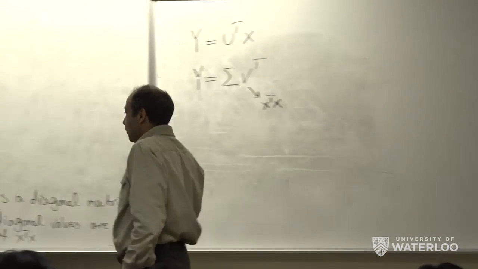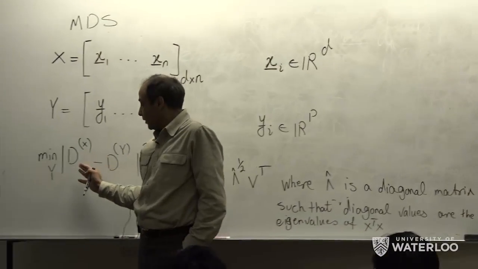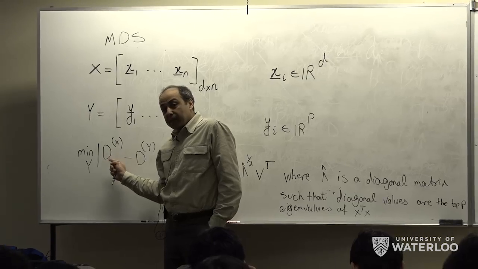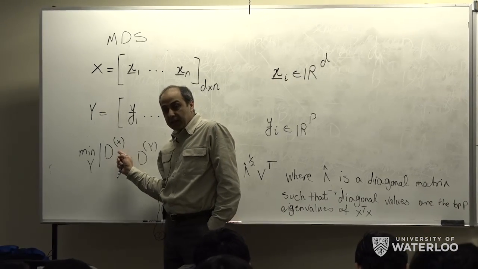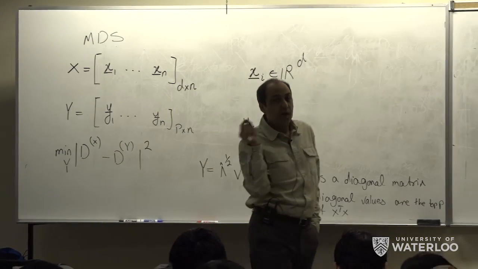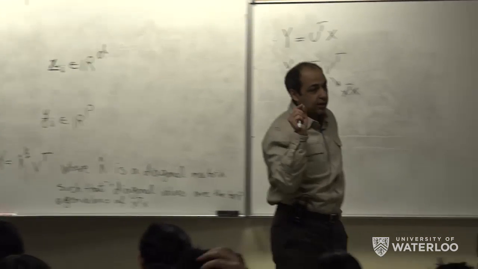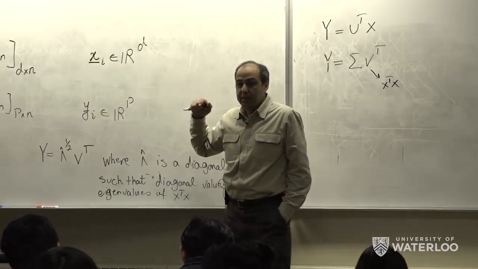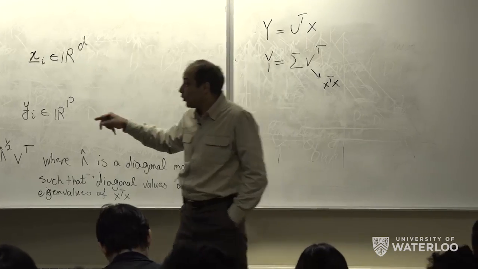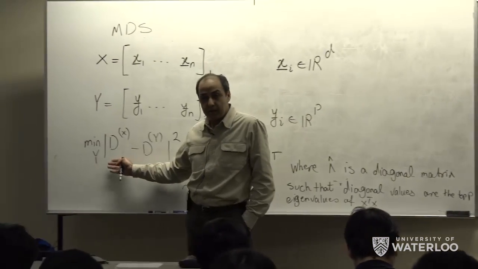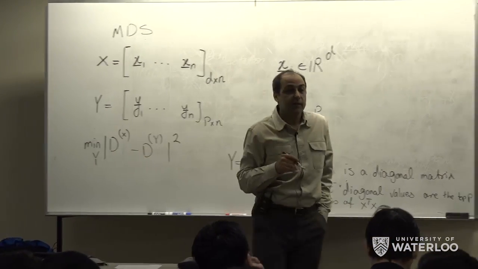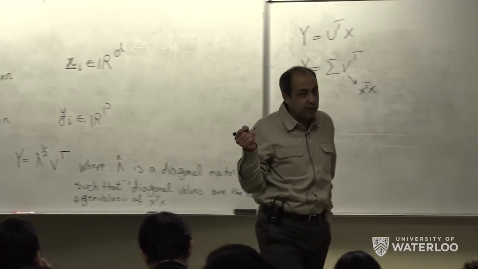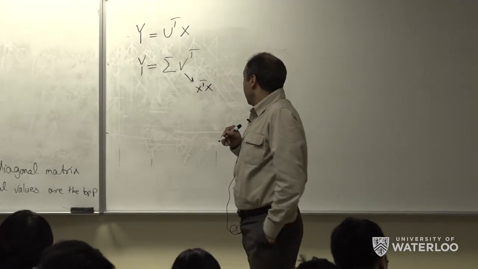In PCA, we just work with Euclidean distance. As long as the pairwise distance between points is Euclidean distance, the solution of MDS is identical to PCA. But this distance could be something other than Euclidean distance, and MDS still works.